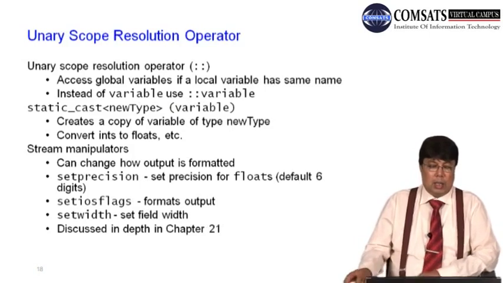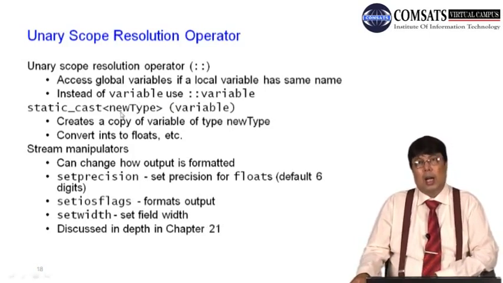Similarly, typecasting. I think I taught you in the last lecture how we can do typecasting, and we have done typecasting with examples of float and double also. That is a feature available in C++, and you can use static_cast, the new type, and the variable. What it basically does is typecast the variable, so the variable has the new type that you have cast here.